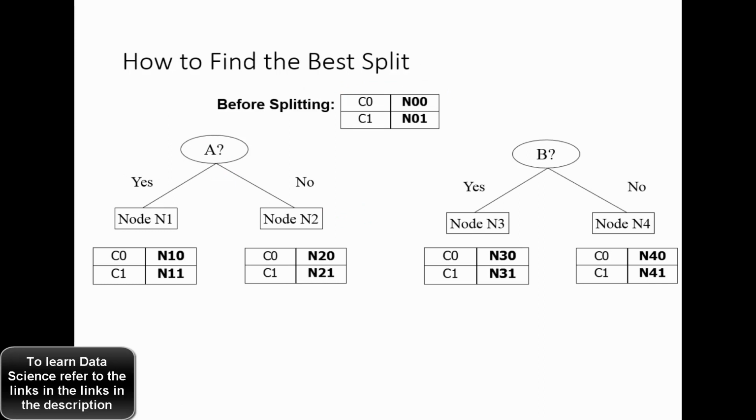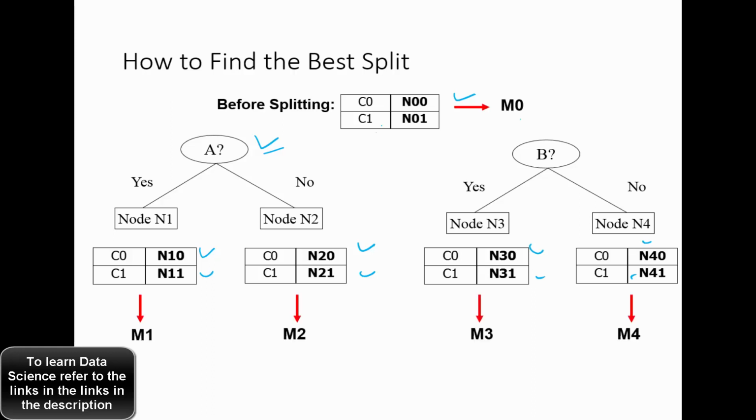So how do we find the best split? Here you know the classification for 0 and 1 a priori. Let's call that N00, N01. And with attribute 1 and the different nodes, you get some sort of a number, as we have seen in the previous example. Here also we get some number.